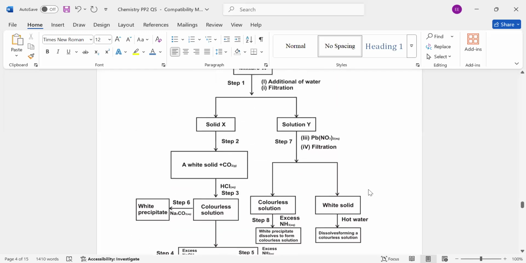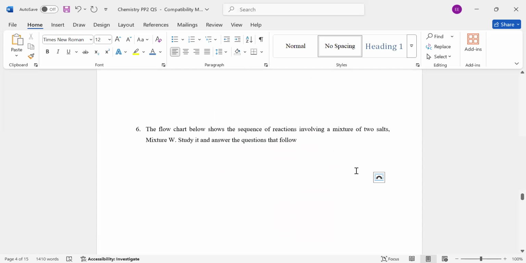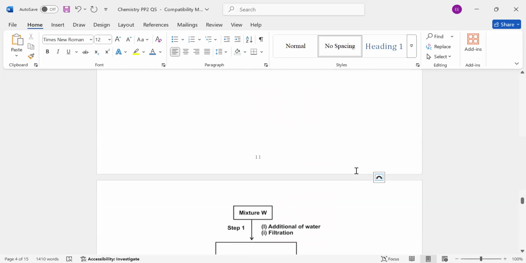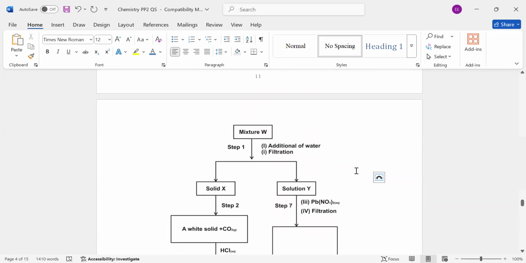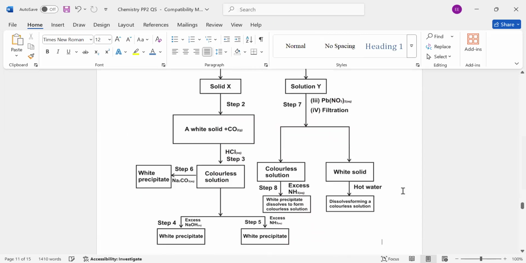I want us to combine the question we've just talked about on salts with this question on salts that we have here. I think it's question number 6 in your papers. Please turn to that, and let us analyze this question.